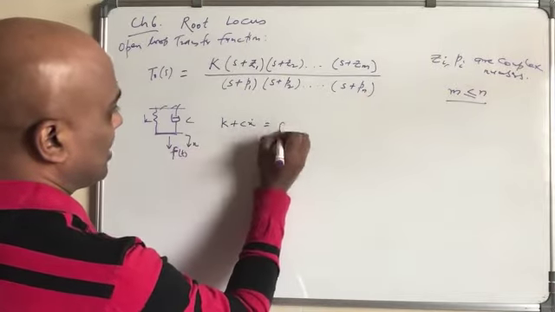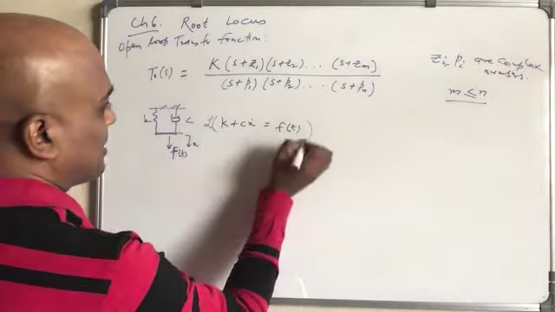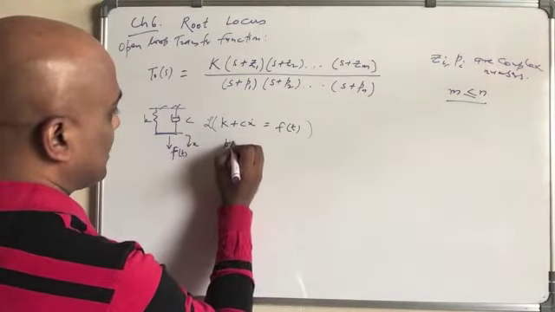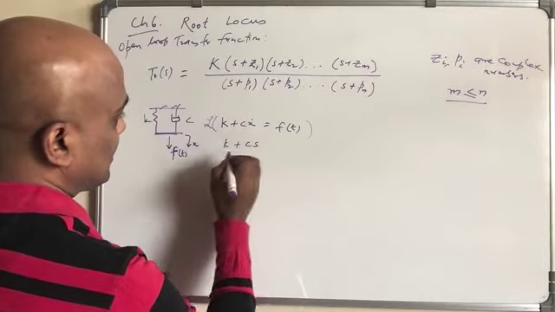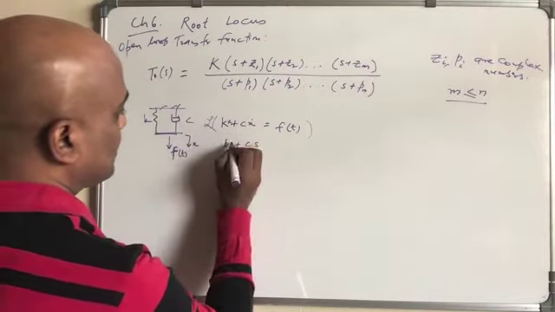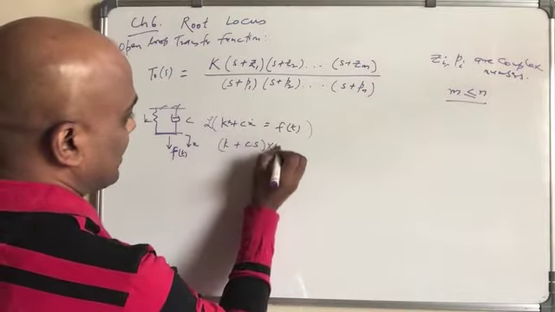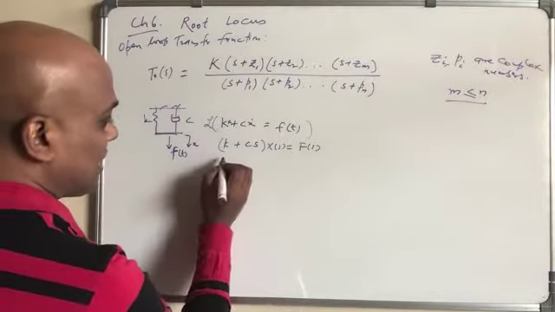Taking the Laplace transform, you get (K plus Cs) X(s) equal to F(s).